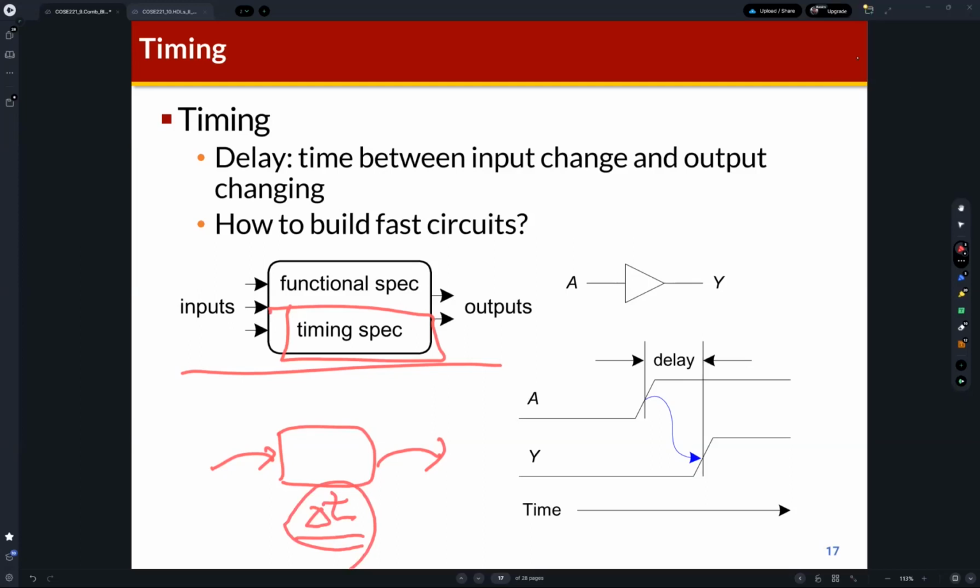Okay, so after some time. It is because we implement digital logic using CMOS transistors, which are actually electric circuits. When the signals in electric circuits change, they change after some delay.